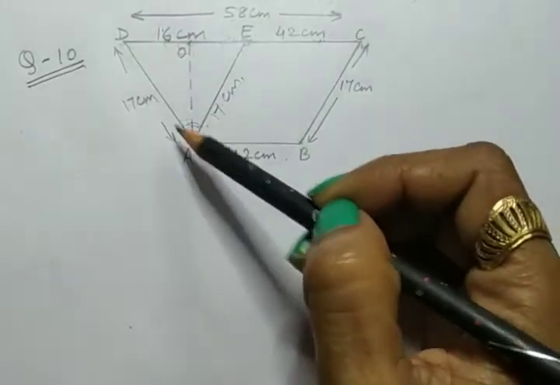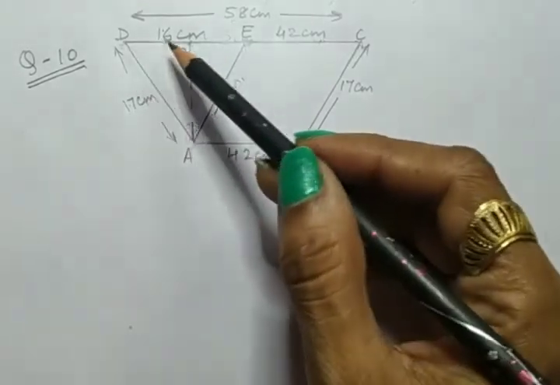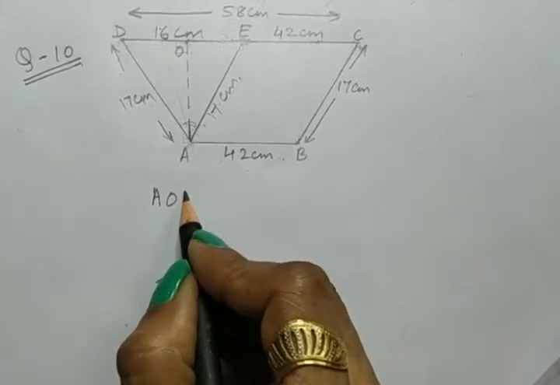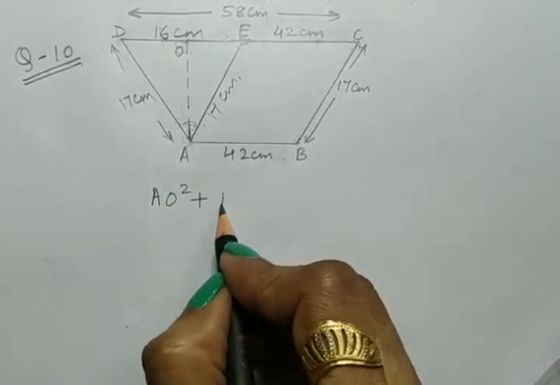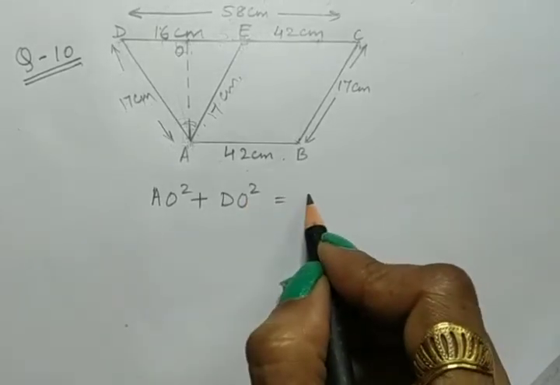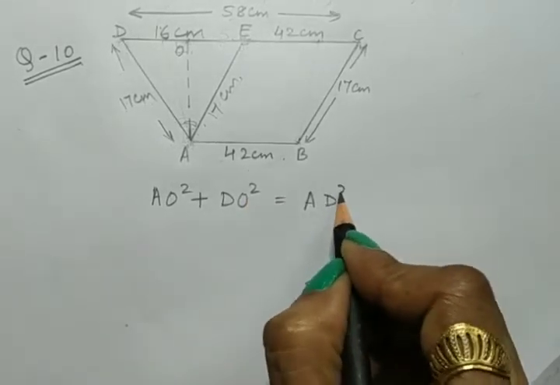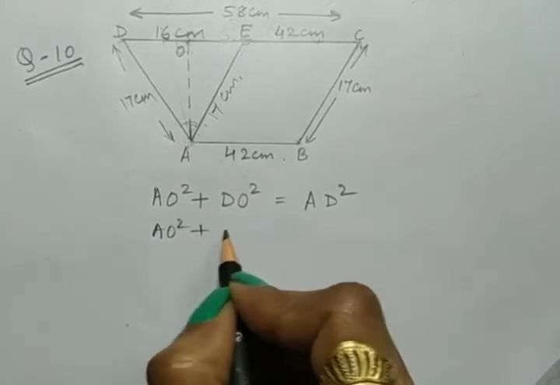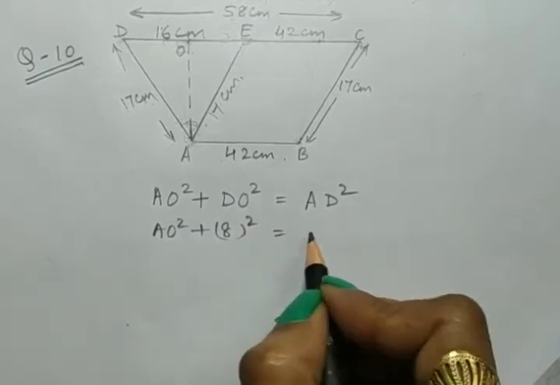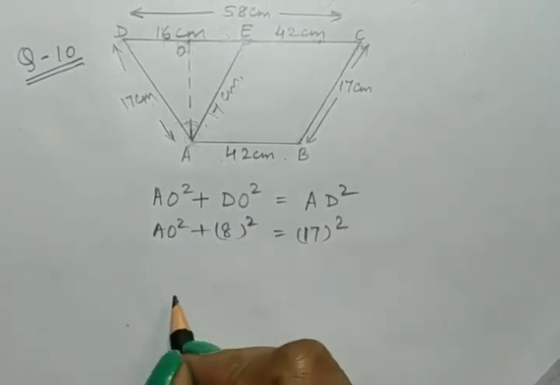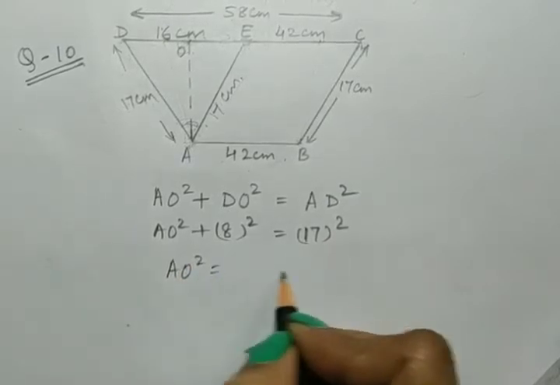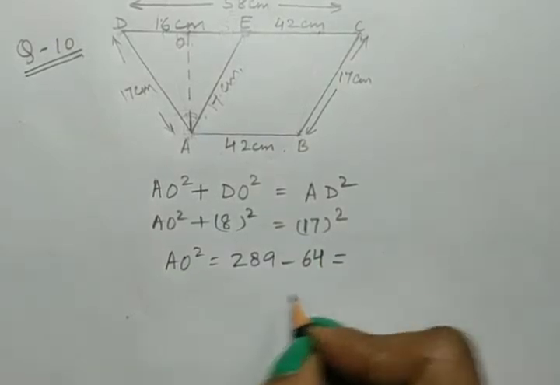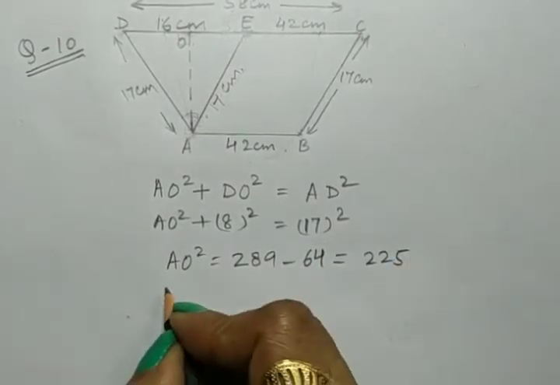The length of this side is 17 centimeter. The length of this side is 8 centimeter. Using Pythagoras theorem, AO square plus DO square is equal to AD square, and that is AO square plus 8 square is equal to square of 17, and AO square is equal to 289 minus 64, and that is equal to 225.